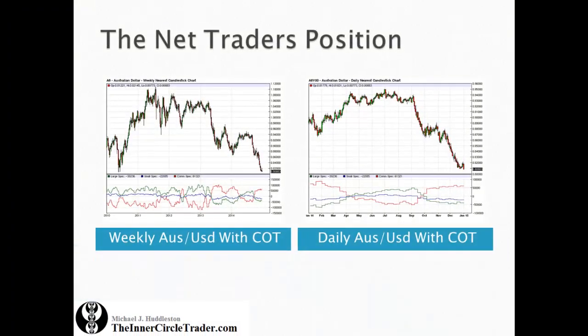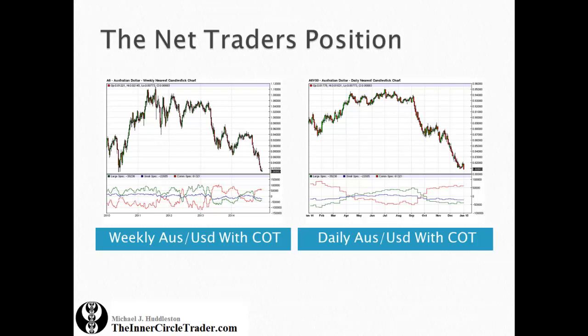Again, we're going to be talking about the net traders position chart. On the left hand side, we have the weekly Australian dollar, and I used the futures data. This is the cash price, but I'm showing you how you would use the futures price with the currency pairs in the spot market.